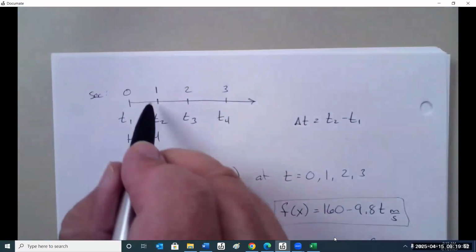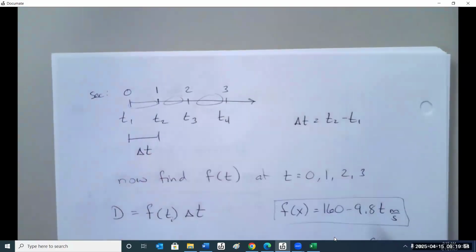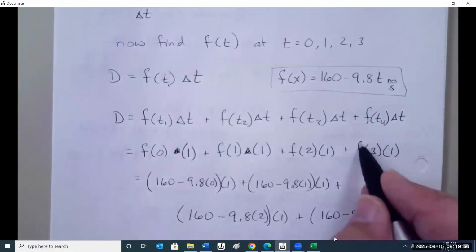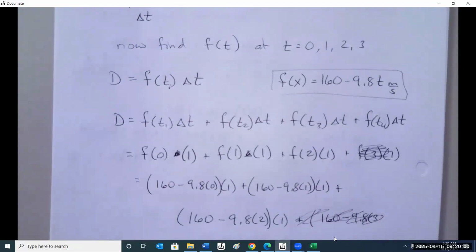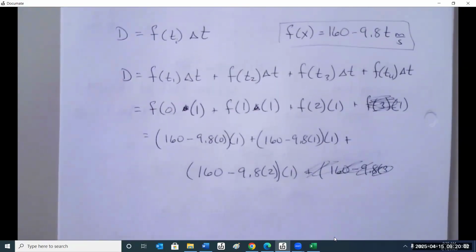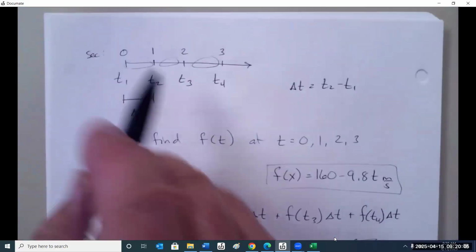Actually, no, I only have 3 intervals. I don't need this last one. So I only have 3 intervals: from 0 to 1, 1 to 2, and 2 to 3.